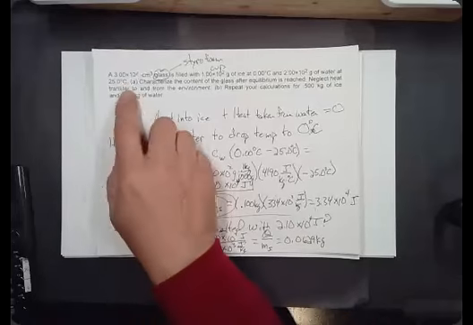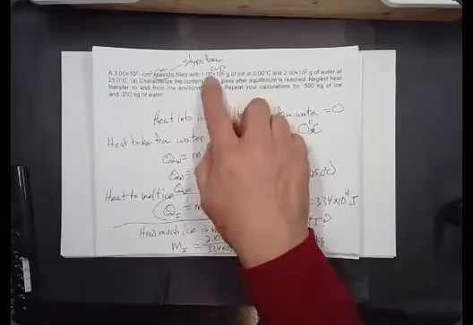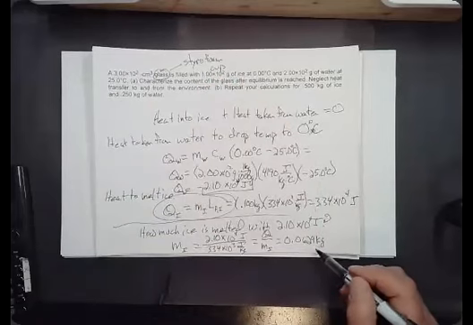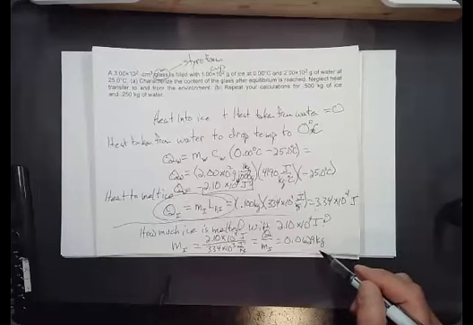So of the 100 grams of ice that we had, 62.9 grams are going to melt.